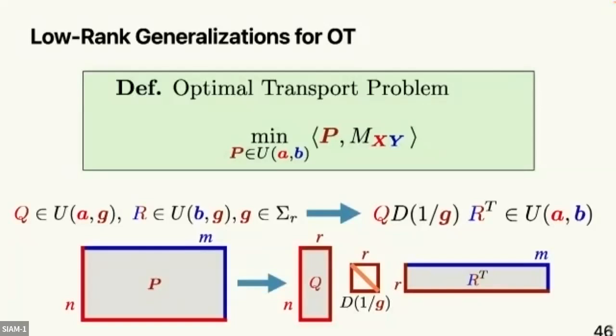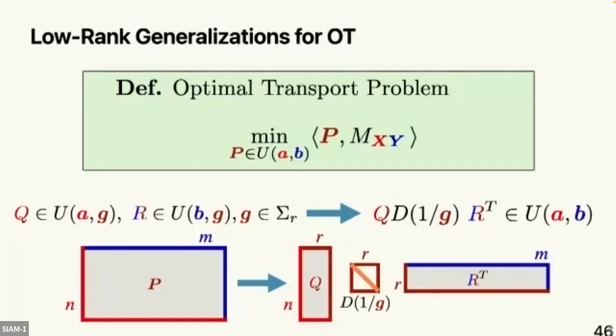I will parameterize it explicitly as the product of three matrices. The first matrix is going to be a matrix Q here. It will be of size n times r. This will be a square matrix, r by r, and it will be diagonal. And here will be another matrix, R, which will have small r rows and m columns.